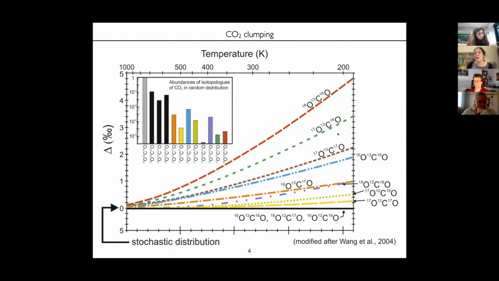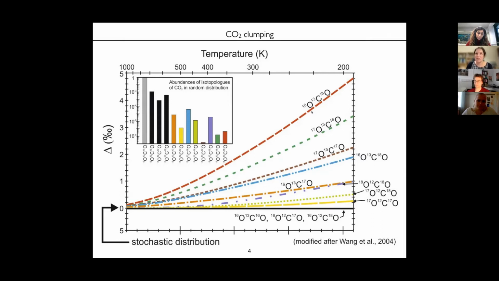And then you have other species where you basically have two rare isotopes in one molecule, like the 16O, 13C, 18O molecule. The temperature dependence of this clumping is a bit less extreme than when you have two bonds with two heavy isotopes. So in terms of a proxy for temperature, the one that we would be most tempted to measure, just based on this plot, would obviously be the one that has the largest temperature dependence.